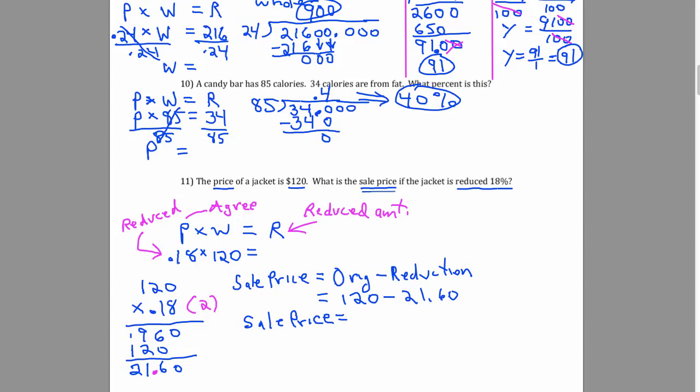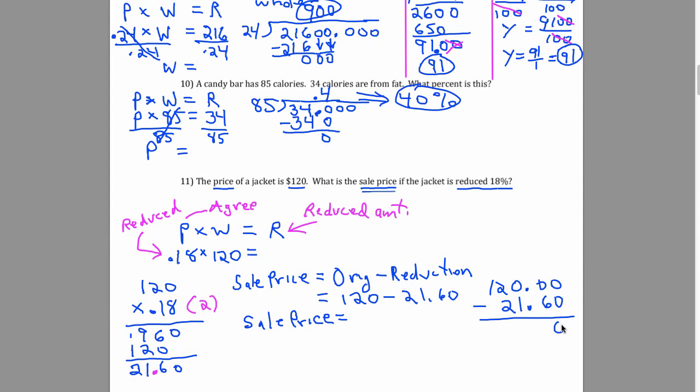Let's do that subtraction along the side here. So we have $120, which is $120 and 0 cents. We're going to subtract $21.60. Now when you're adding or subtracting, you need to be very careful to line up the decimal points.